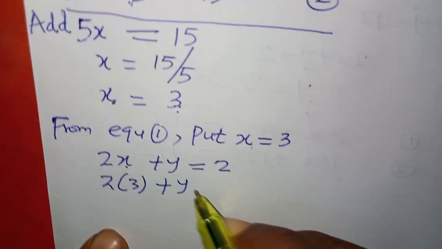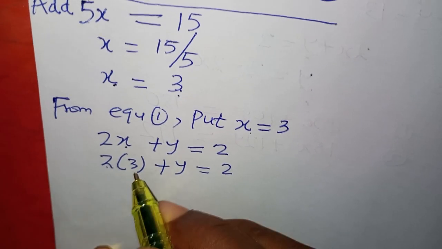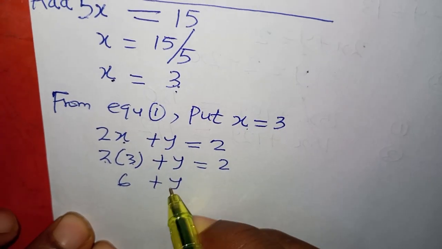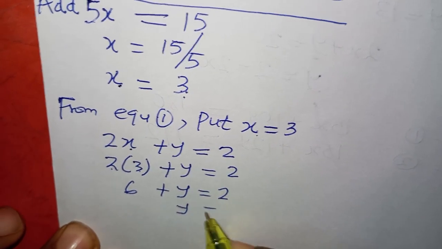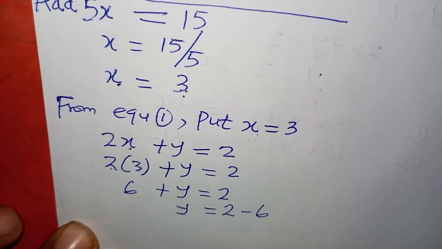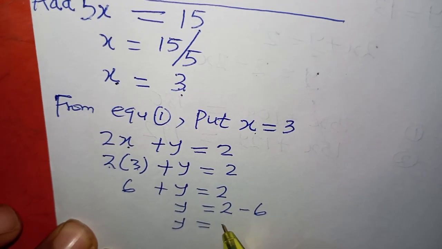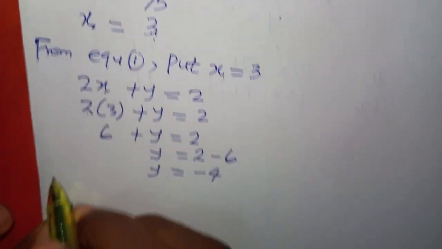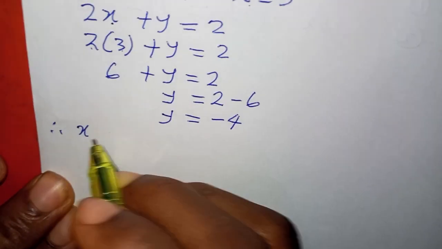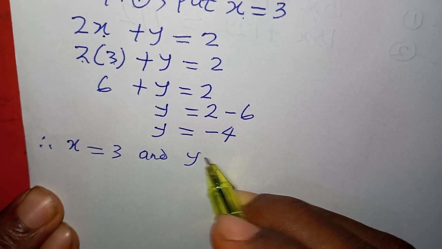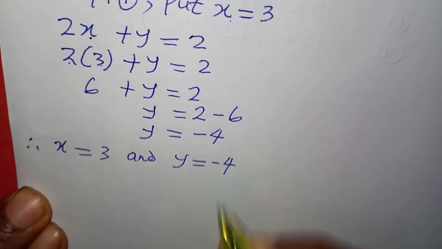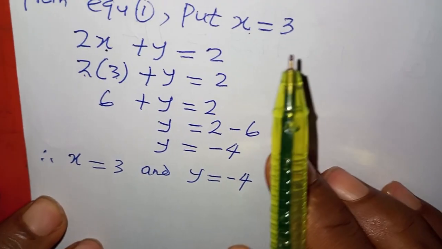If I'm putting x here, it becomes 2 into 3 plus y equals 2. So 2 times 3 is 6 plus y equals 2. So making y the subject, y is equal to 2 minus 6, which means y is equal to minus 4. So therefore, x equals 3 and y equals minus 4. So this is the elimination method.